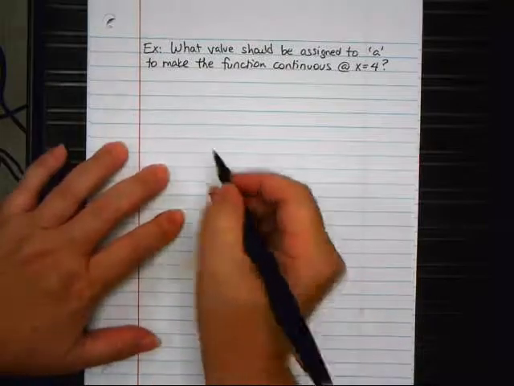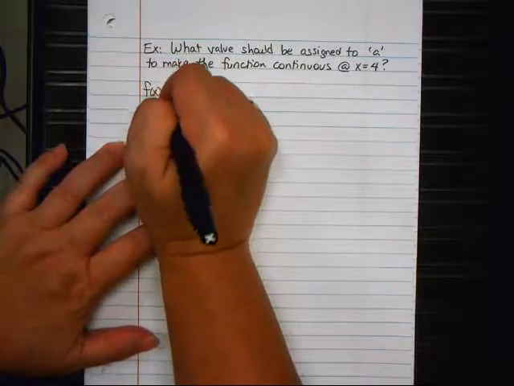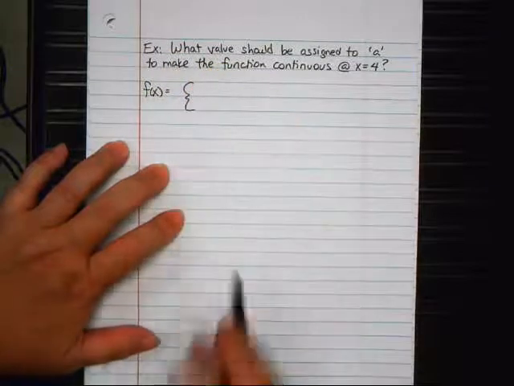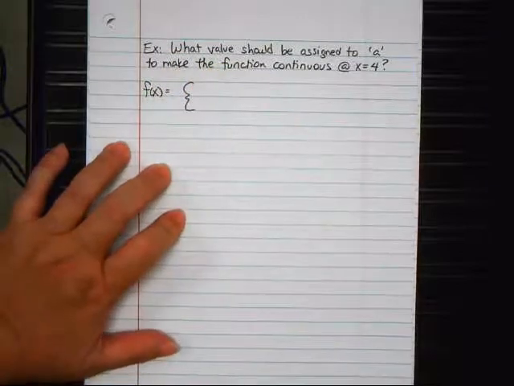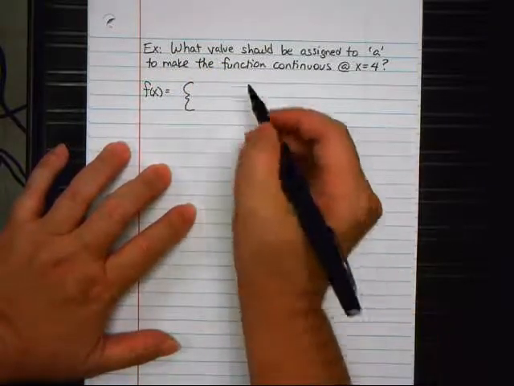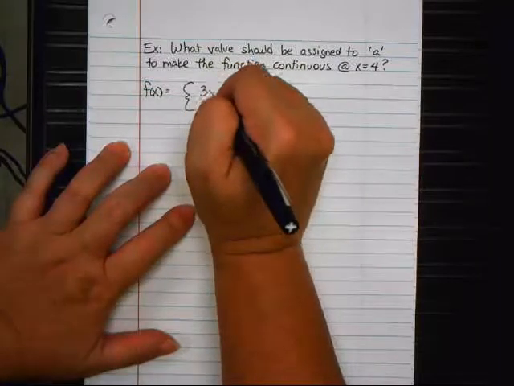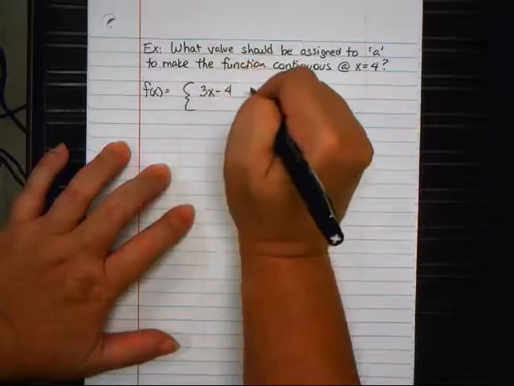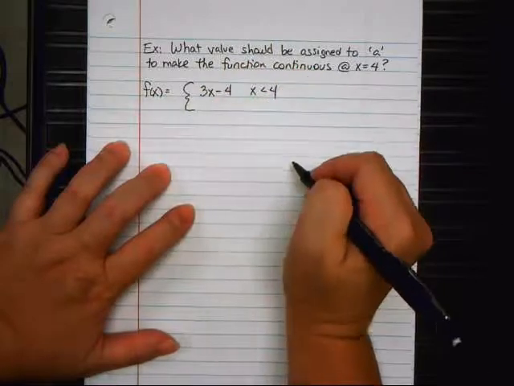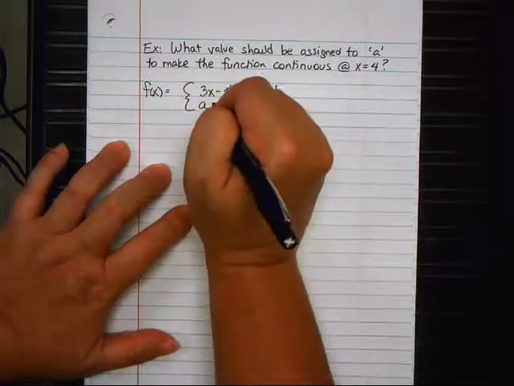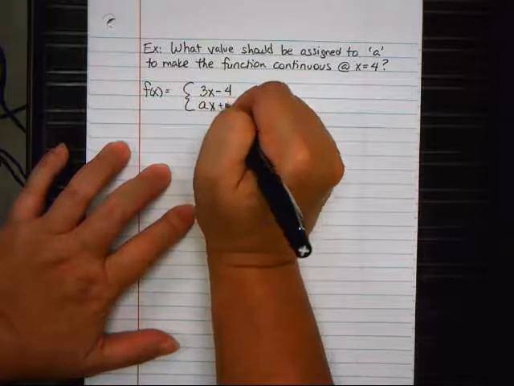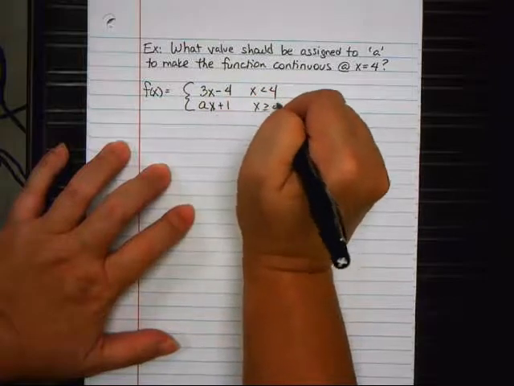Same concepts, different problem. f of x equals, just two pieces this time: 3x minus 4, x is less than 4; ax plus 1, x is greater than or equal to 4.